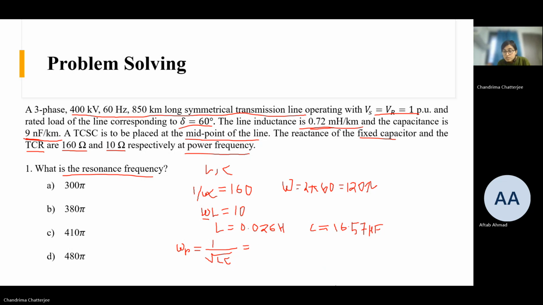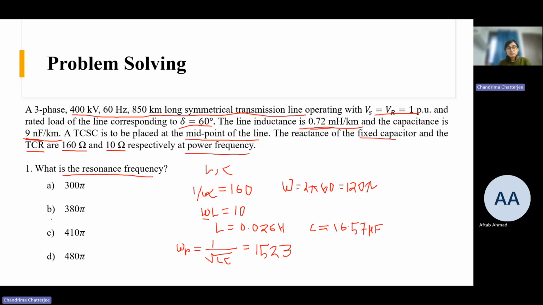Just a minute. I will just check the calculation. So this is coming out to be 1523.